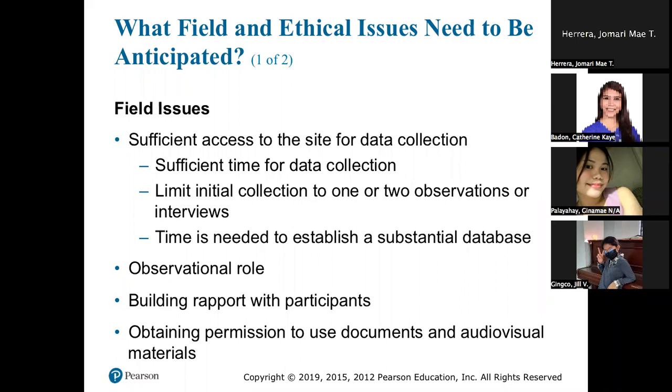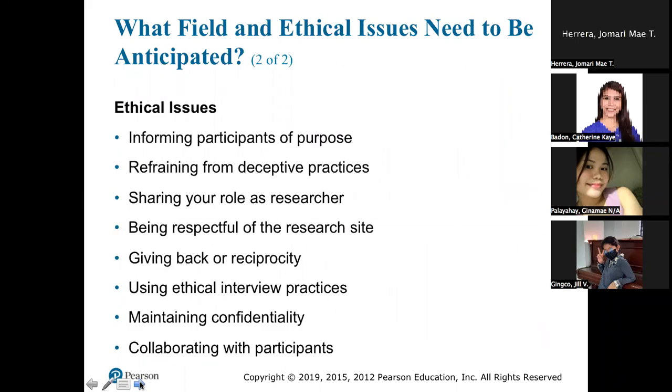So sufficient time for data collection, limiting initial collection to one or two observations or interviews. Then time is needed to establish a substantial database. Second is observational role. Third, building rapport with participants. Then lastly, obtaining permission to use documents and audiovisual materials. Okay, so take note of the field issues.